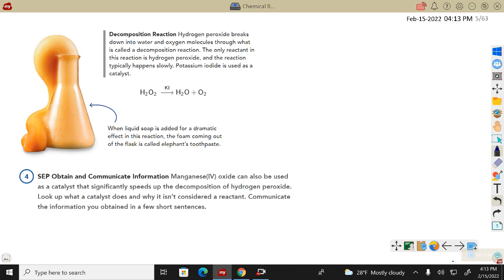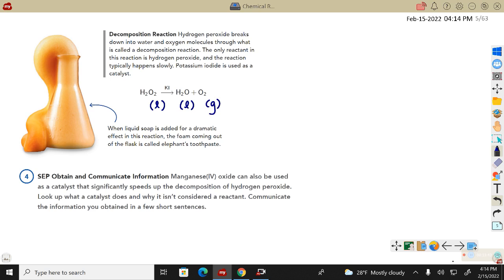Decomposition just means to break down. So if I read that sentence, hydrogen peroxide is this H2O2. It does naturally occur as a liquid. You might have it in your medicine cabinet. It forms water, which is naturally a liquid, and oxygen molecules, oxygen being a diatomic gas.